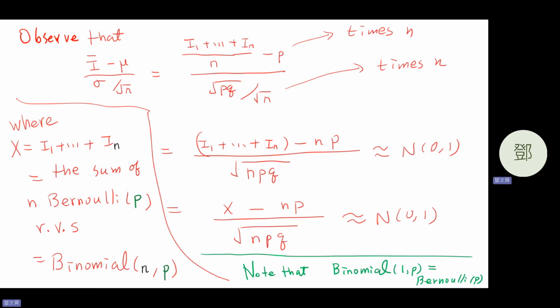Okay, let's go to the example that Johnny takes the exam of 50 true and false questions. Example. And this example is going to appear in the final exam.